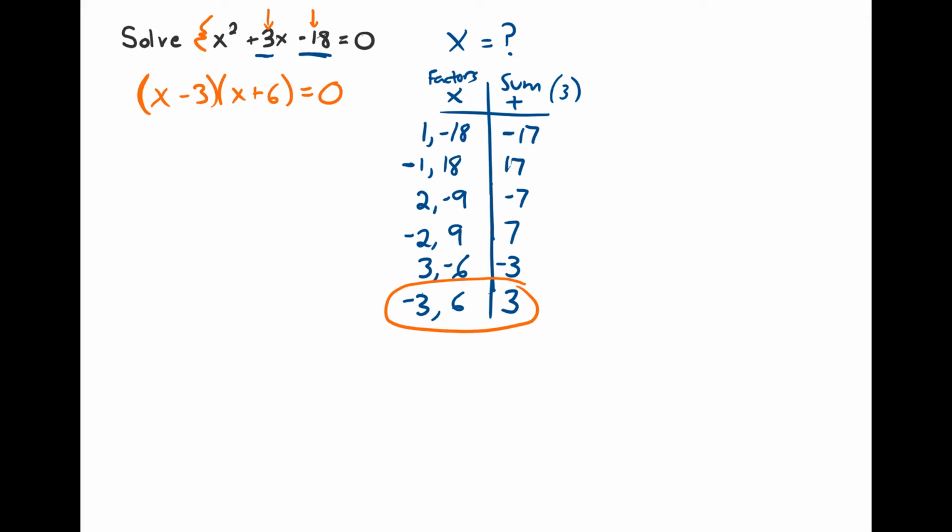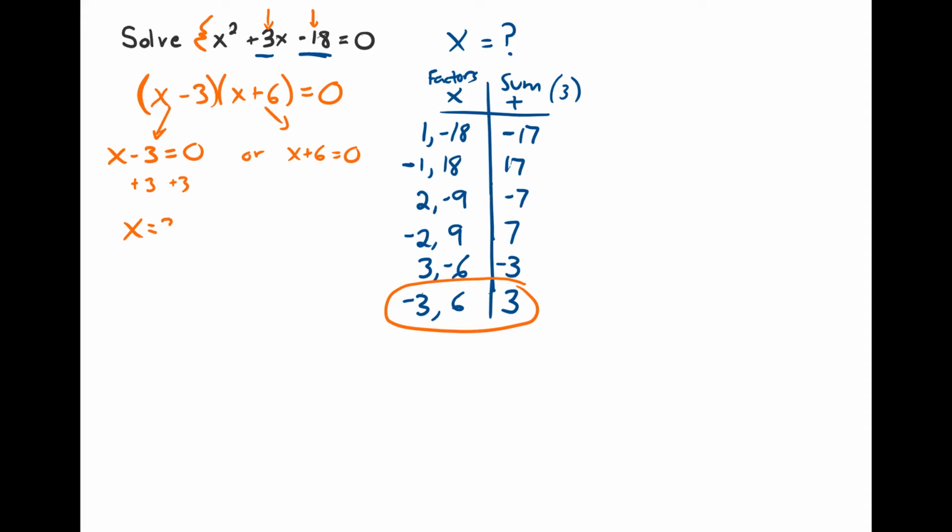Now I can apply the zero product property to finish out solving this because I have two things being multiplied together that equal 0. So I can say either x minus 3 equals 0 or x plus 6 equals 0. I take each of those factors and set them equal to 0. And then I solve each one. Add 3, add 3.